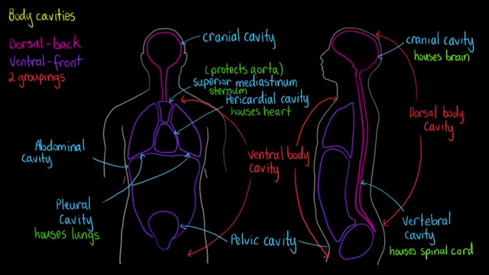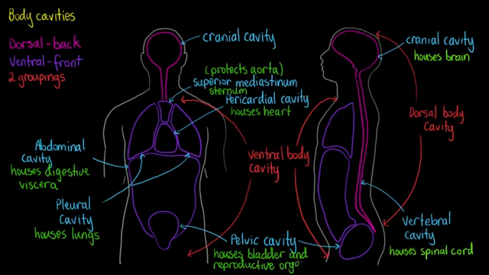Our abdominal cavity is responsible for housing and protecting our digestive viscera. So we'll write that now: houses the digestive viscera. So all of our intestines, basically, our intestines, our stomach. And our pelvic cavity is going to house our bladder and our reproductive organs. All of these separate cavities are just extra measures of protection and separation for all of the organs within your body.